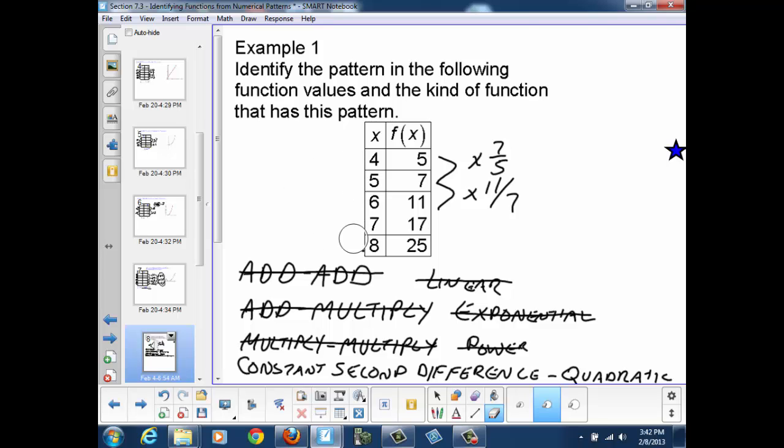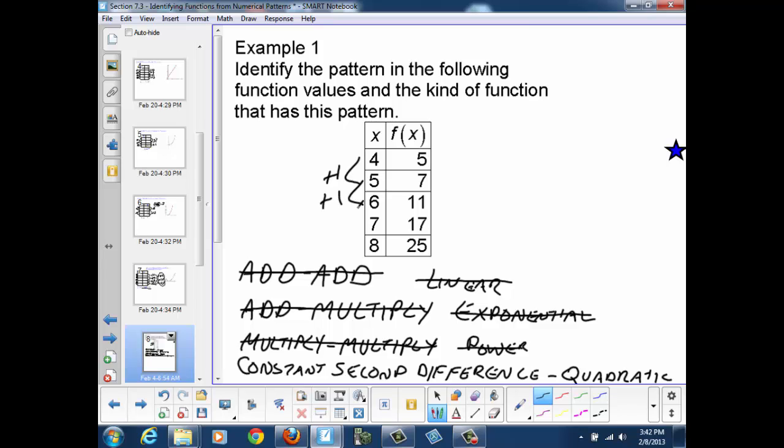So by process of elimination, it should be the constant second difference if this applies to any of the four functions that we looked at. But let's test just to make sure. So we do have that regular consistent change in x on this side.